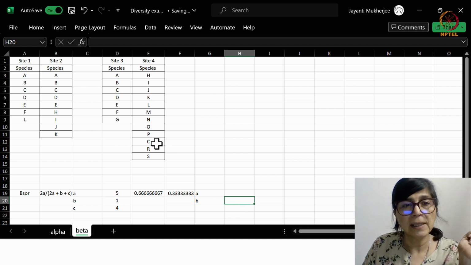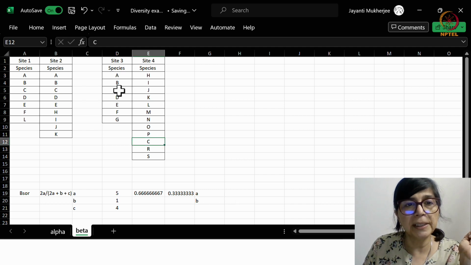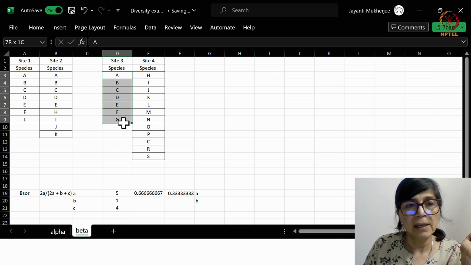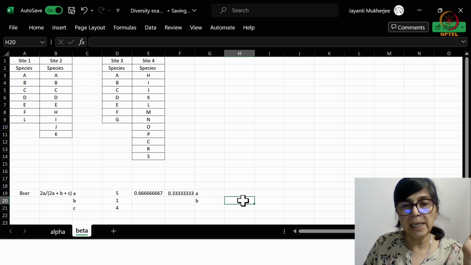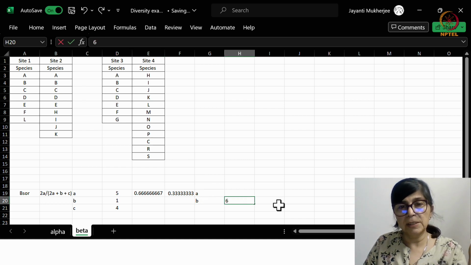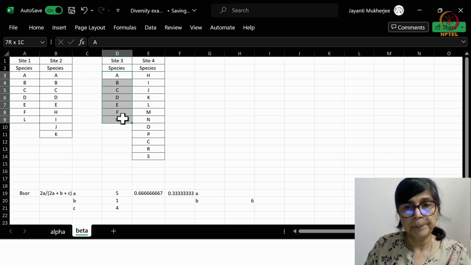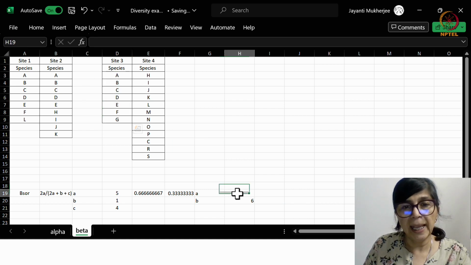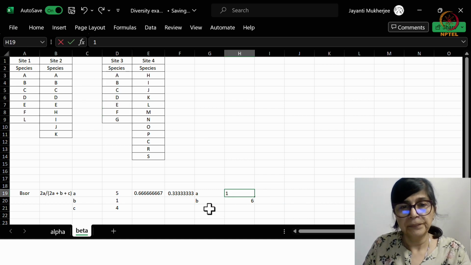Sorry, it will be 6. One C is repeated here, you can see. A, B, C, D, E, F, G. So one C is repeated. So my B will be 6 species, unique species. And A will be just 1. And C will be here 12 minus 1, which is 11.